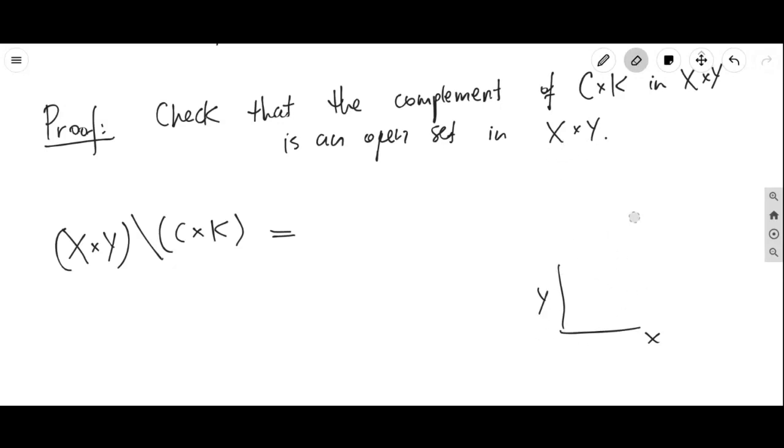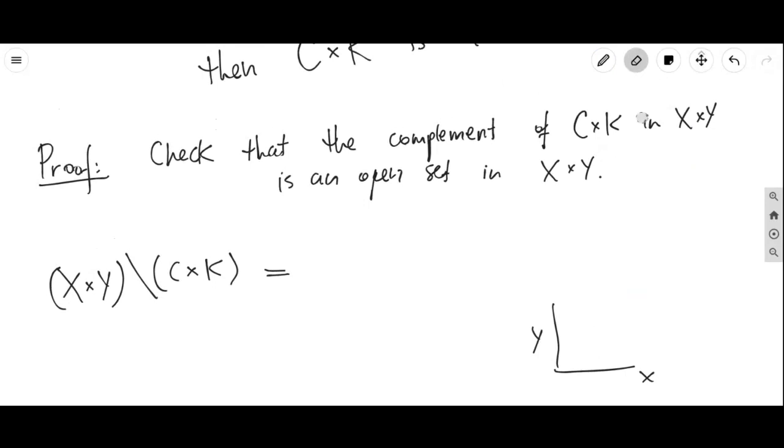This is just a way to help you write the proof. You do not need the picture, but this is just a way to help you make this proof work out. So these are like the two axes, and you have some kind of set. It has to look like a rectangle, right? C times K has to look like a rectangle. So we have some kind of rectangle here.